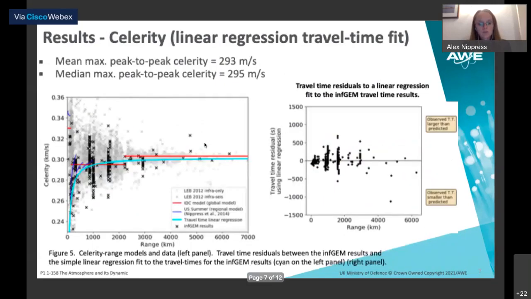When we get the results, for the celerity range analysis shown on the left, the faded grey is the LEB results, and the black crosses are our results. The step change in the IDC model doesn't seem to have evidence in the ground truth analysis, although there does seem to be a gradual increase in the celerities with range. So there's perhaps something we can do there to improve the celerity range model.